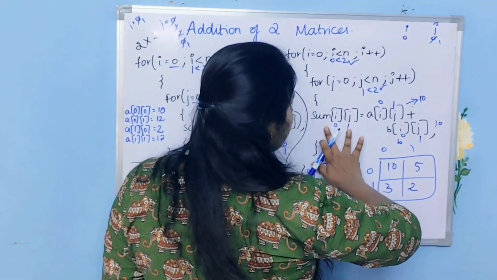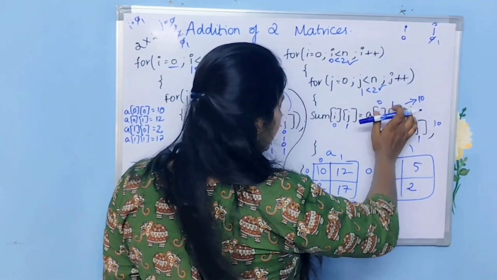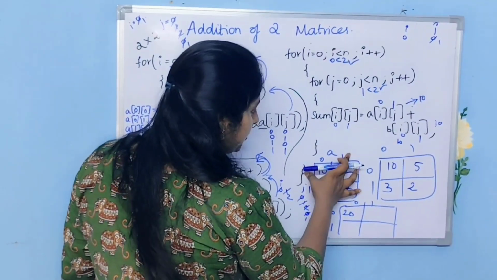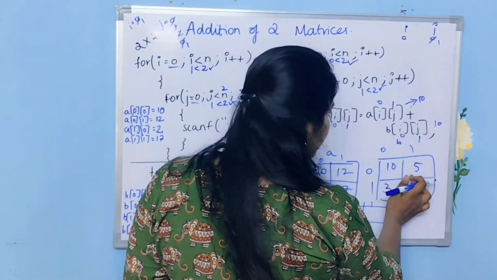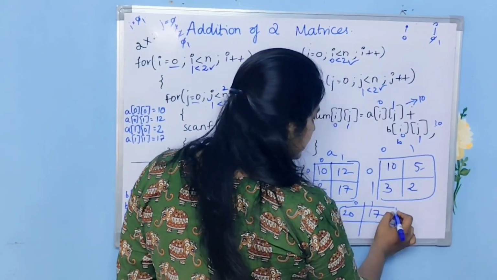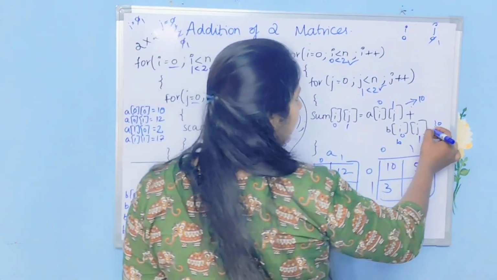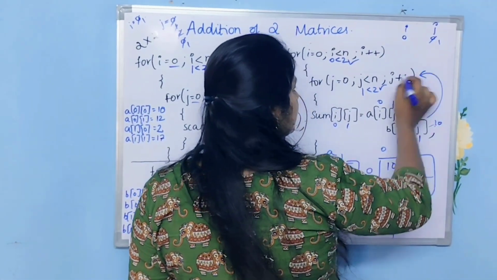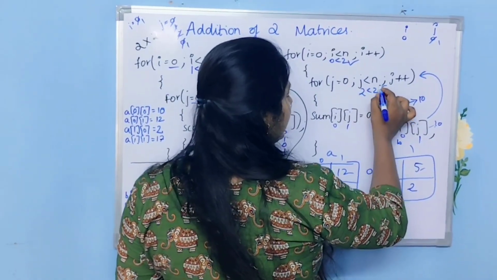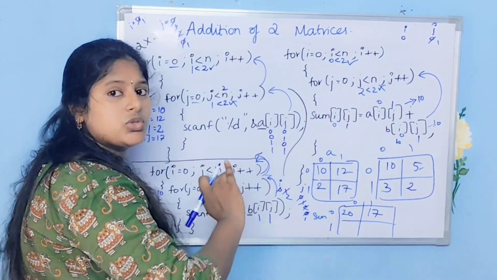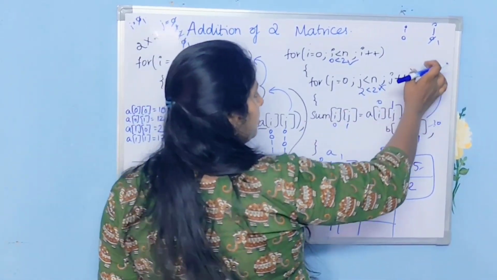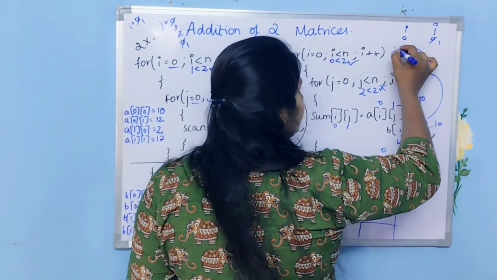A of 0, 1 is 12. What is B of 0, 1? 12 plus 5 is 17. Now again you increment j. 2 is less than 2, condition false. That means you don't have any other columns to complete in this row, so you go back to the outer loop.